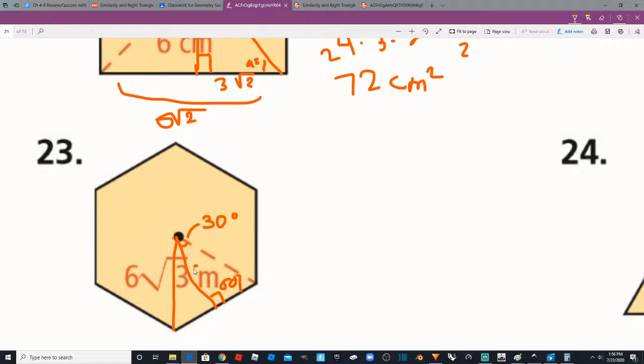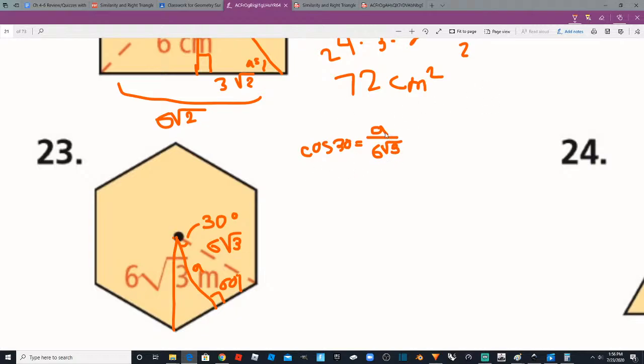So this is A. Okay, this is 6 radical 3. We know the adjacent and we know the hypotenuse. So the correct trigonometric function for that will be cos 30 is equal to A divided by 6 root 3.